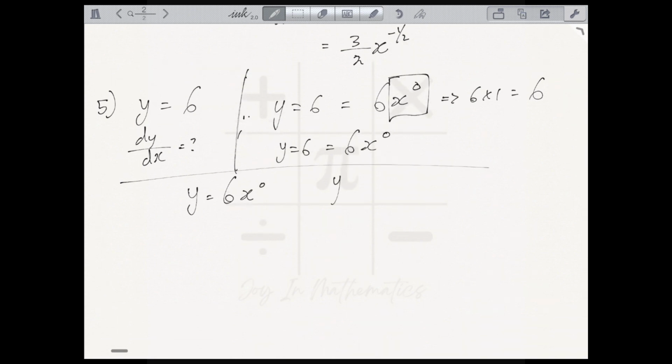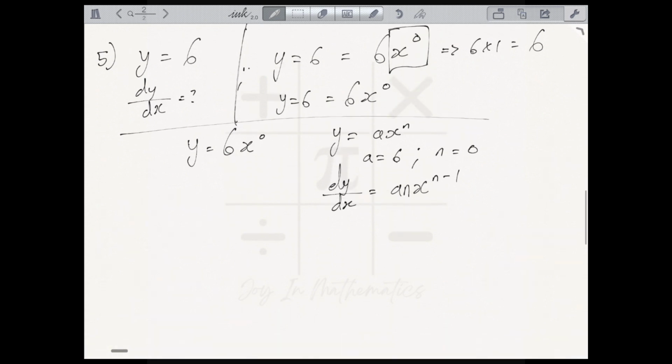Now let's compare it to y equals ax raised to power n, where a is 6 and n is 0. We know the differential format of this is anx raised to power n minus 1.